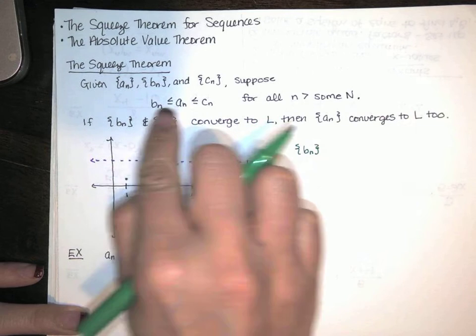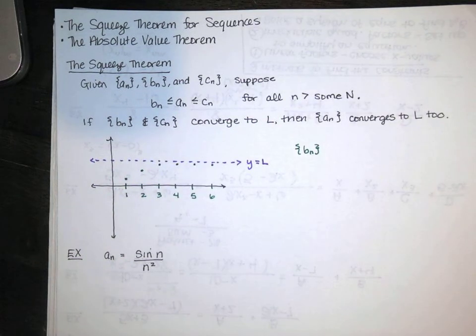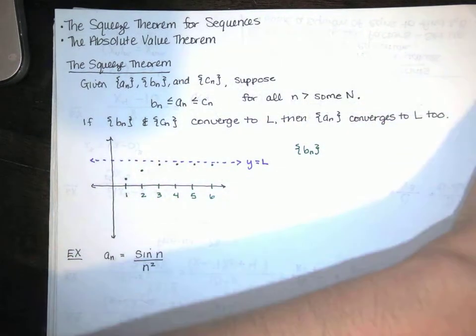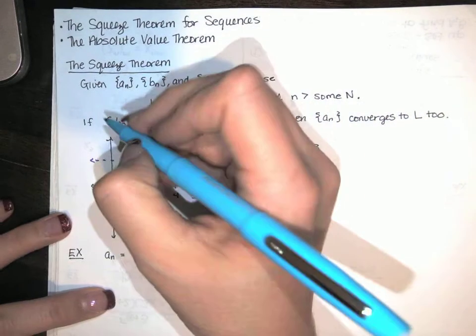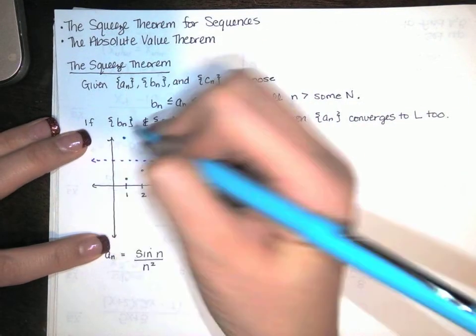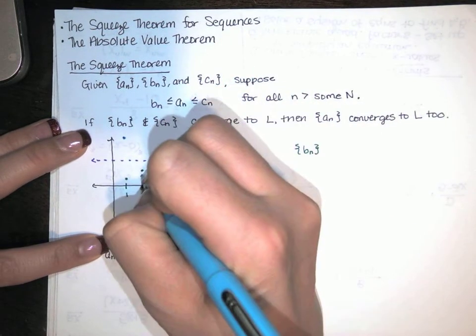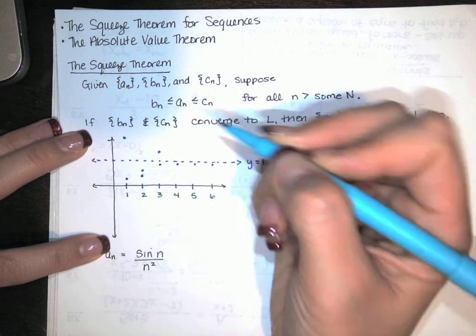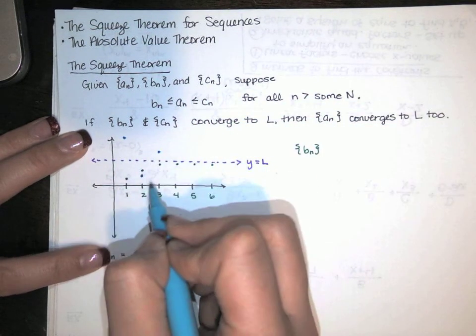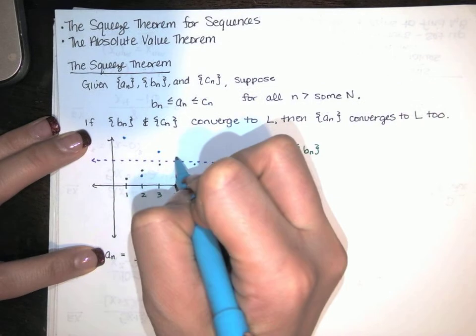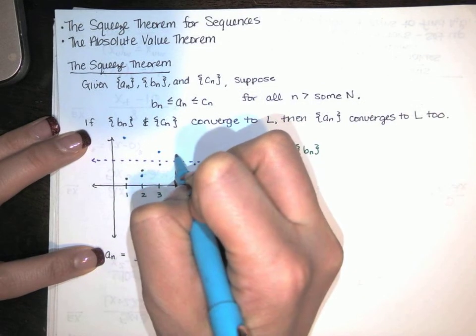That's the smallest one on this list. And then C sub n might be up here. And it's okay if that inequality doesn't hold for all n, but maybe after a particular n, maybe n equals 3, that inequality holds.